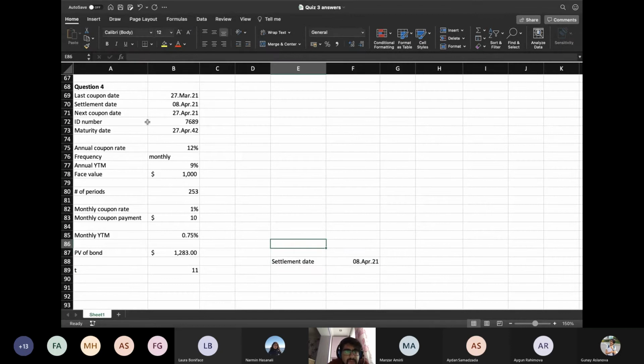This is settlement date. This is last coupon date. Okay. End of March, we have 3 days.